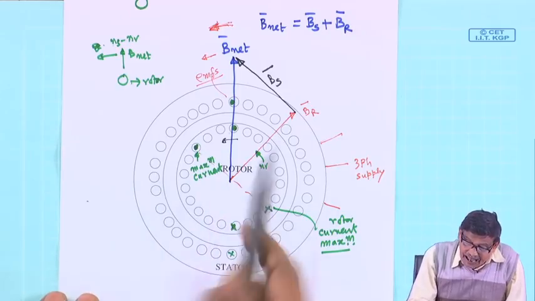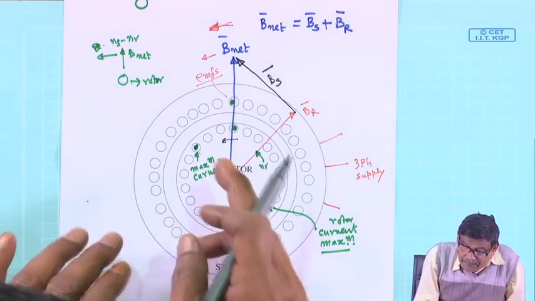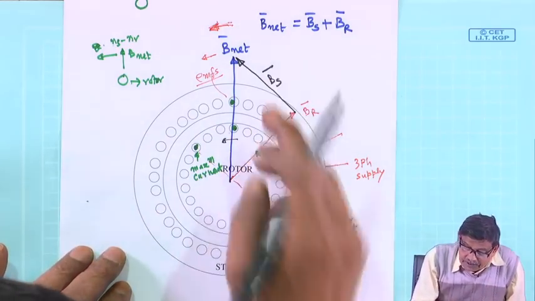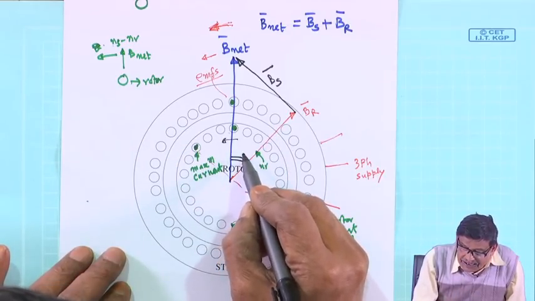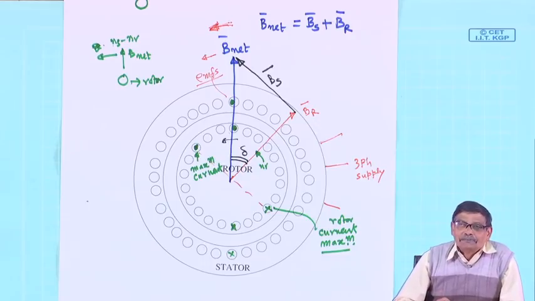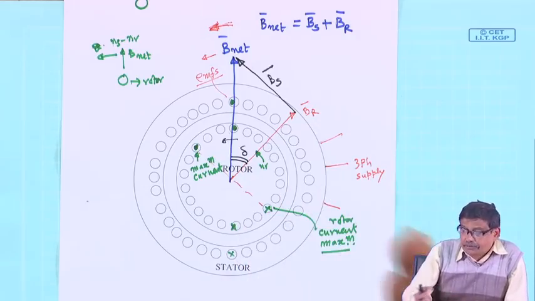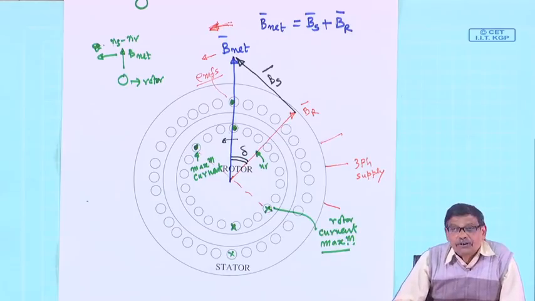So, B net, BR, BS all are moving with synchronous speed. So, this angle will be delta, constant. That is why we discussed the production of the torque by considering DC current at a particular position.